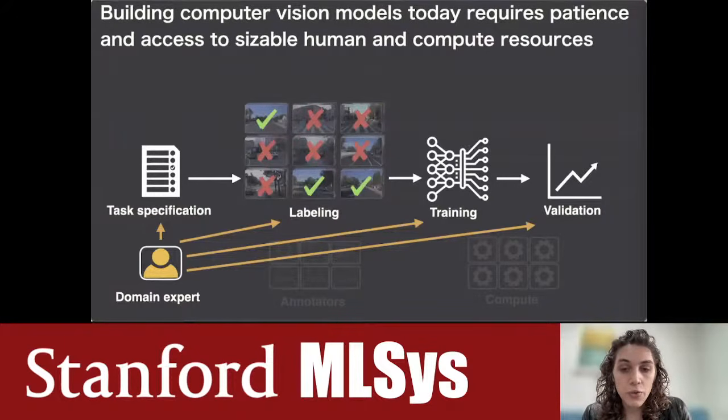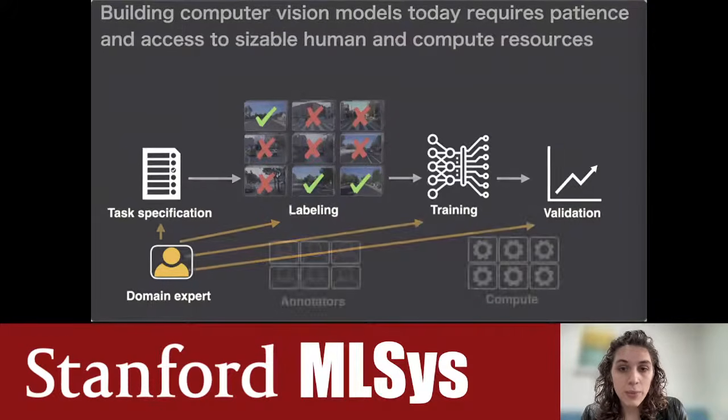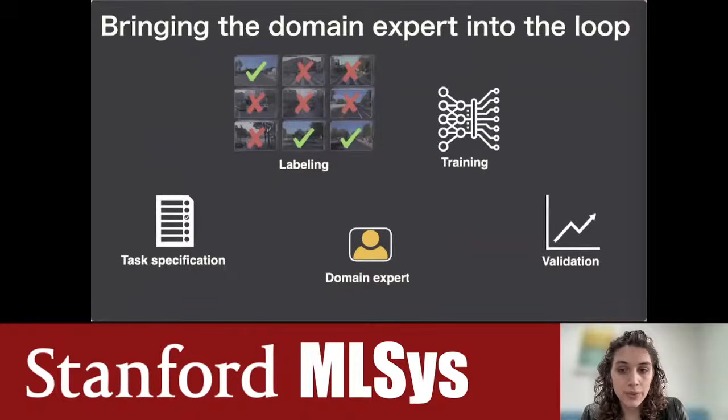And so this gets at our core research hypothesis. We believe that we can build models much more quickly and efficiently than is possible today by involving the domain expert at the right points in the model building loop, so that they can rapidly determine changes to the spec, to how to label the data, or how much training data is needed, and so on.